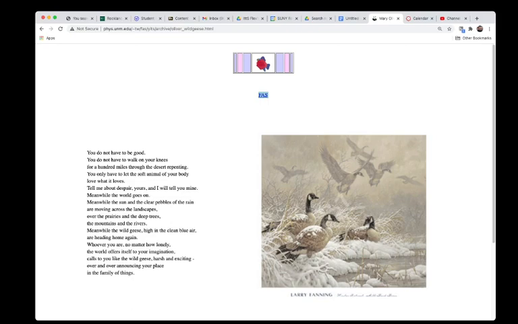Meanwhile, the wild geese, high in the clean blue air, are heading home again. Whoever you are, no matter how lonely, the world offers itself to your imagination, calls to you like the wild geese, harsh and exciting, over and over, announcing your place in the family of things.